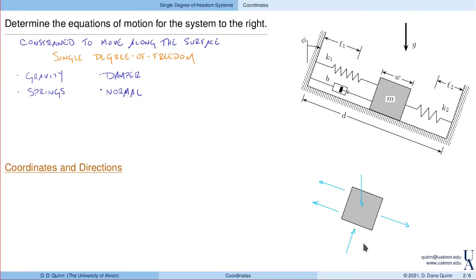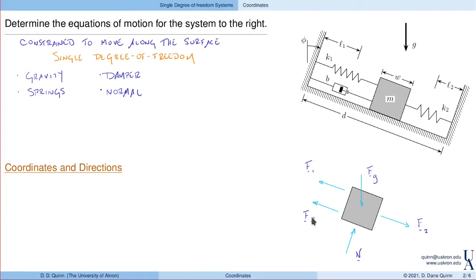And of course, the normal force acts perpendicular to the surface. Let's go ahead and label these. This will be the force due to gravity. The normal force we'll call N. The two spring forces we'll say are F1 and F2, corresponding to K1 and K2. And then Fd will be the force due to damping.